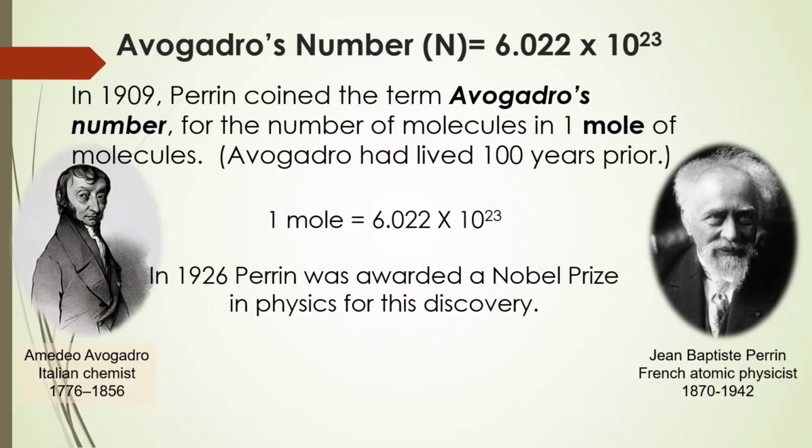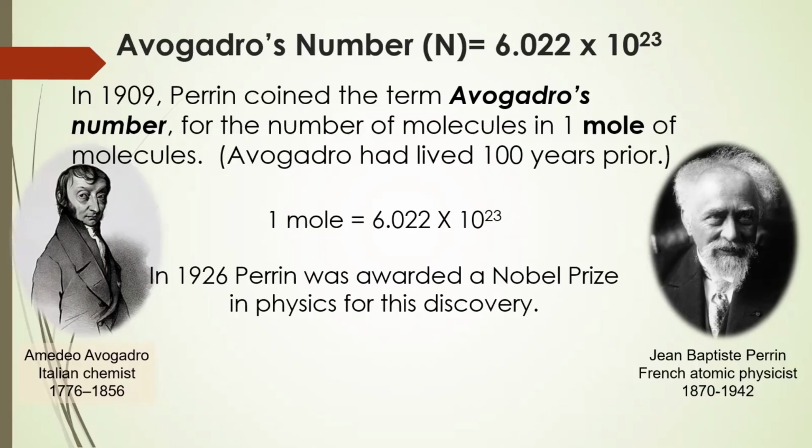In 1909, there was a French atomic physicist by the name of Jean-Baptiste Perrin, and he coined the term Avogadro's number for the number of molecules in 1 mole of molecules. So he was doing work that was involving the same things that Avogadro had studied almost 100 years before.